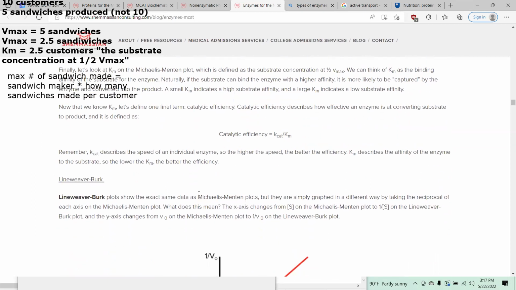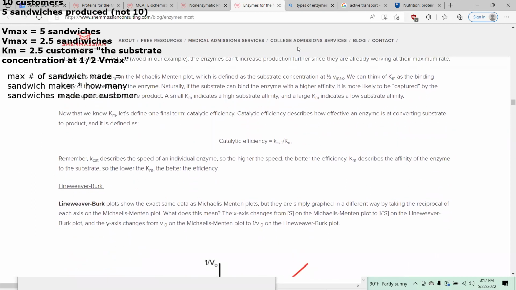So let's think about this for a moment. This is actually very interesting, and this is just math. We can think of this as a ratio. We have our kcat, and then we have our Km. So now, let's say that our enzyme has really, really high affinity for the substrate. The Km is going to be high or low? We said it's going to be low.